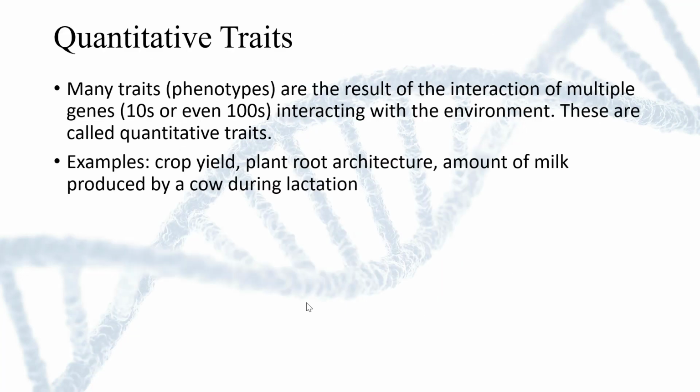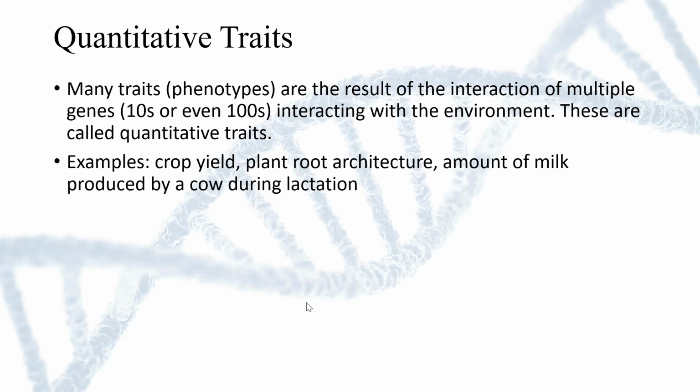And the last thing that I want to mention is that many traits are the result of the interaction of multiple genes, right? Tens or even hundreds of genes. There are some that are the result of one or a few genes, like that pea flower color, where I have it as just one gene affecting it.